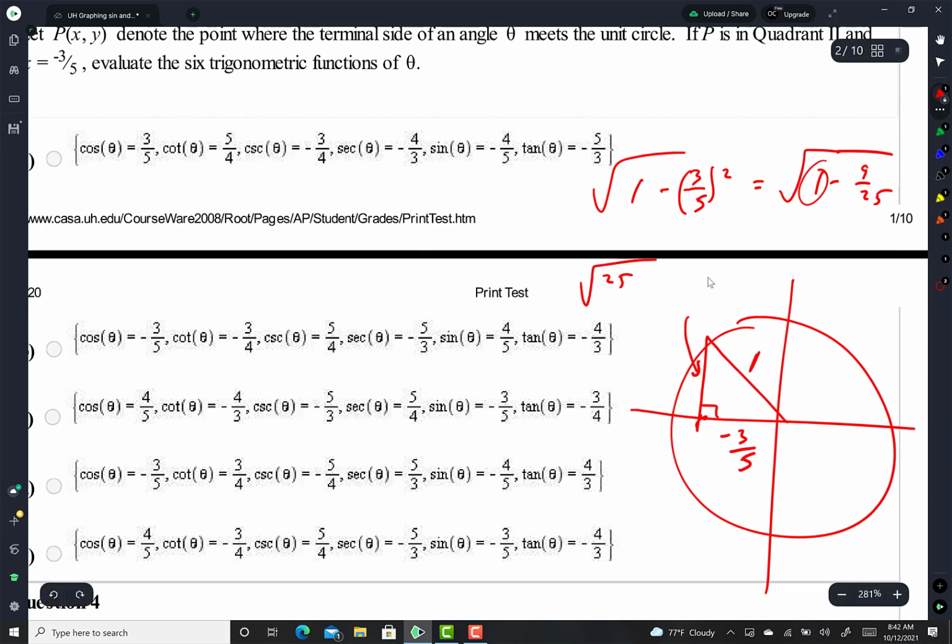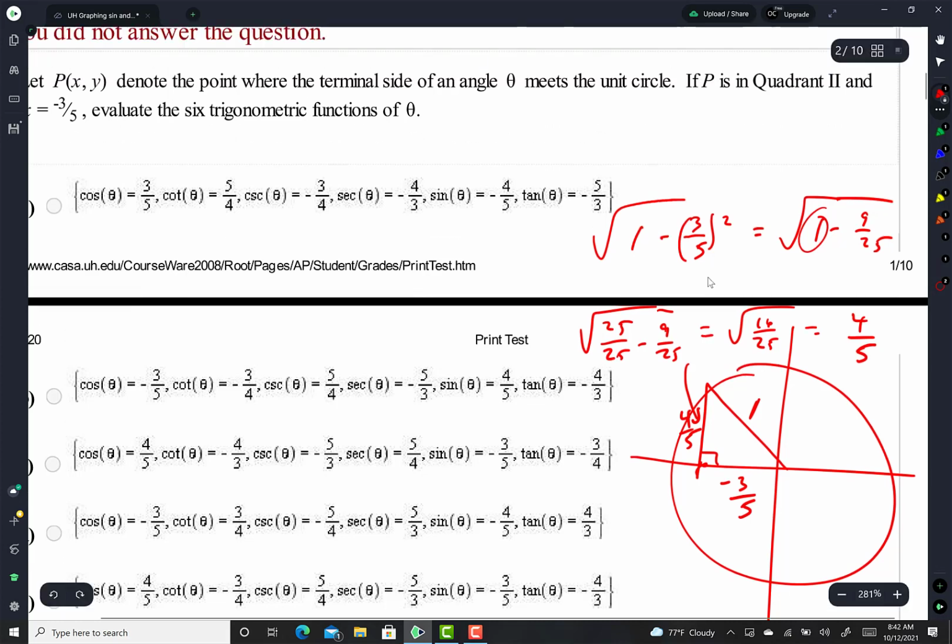So 25 over 25 minus 9 over 25 gives square root of 16 over 25. Square root of 16 is 4, square root of 25 is 5. So that's 4/5. You didn't have to do that if you recognize it's a 3, 4, 5 triangle. So 3/5, 4/5, 1.